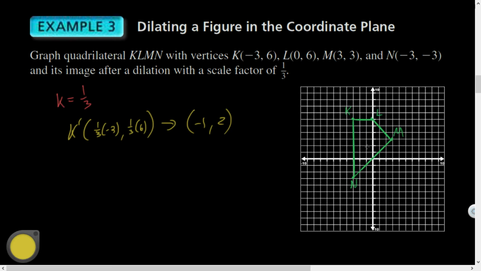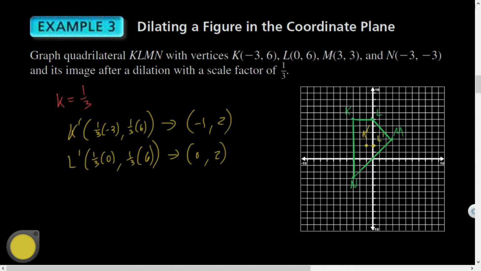So -1, 2, right there, K prime. Let's see. L prime will be 1/3 times 0 and 1/3 times 6. So that's just going to be 1/3 of 0 is 0, friends. That'll be 0, 2. L prime.